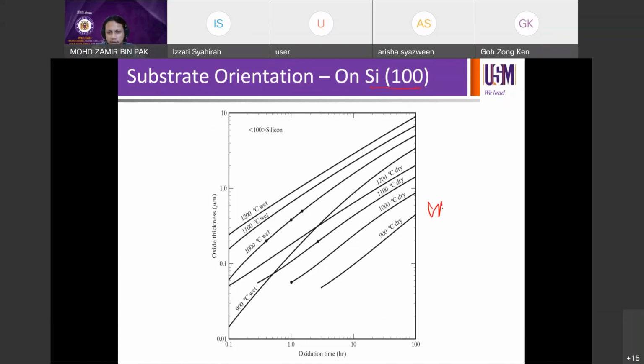What is the thickness that we get? The thickness of the oxide, wet, 1000 degrees C for 1 hour. So what do we get from the graph? Check on the graph now: 1 hour, 1000 degrees C, wet process. Does anyone write down in the chat box what's the thickness?